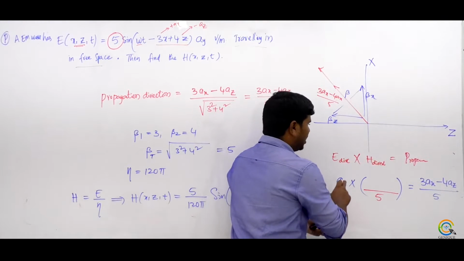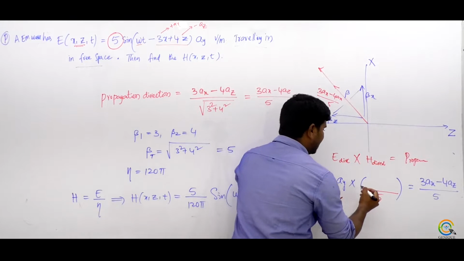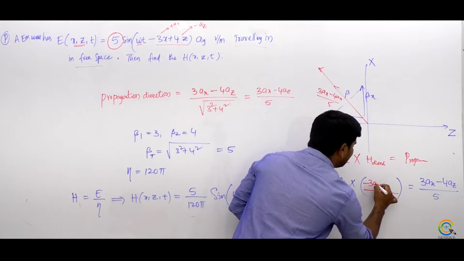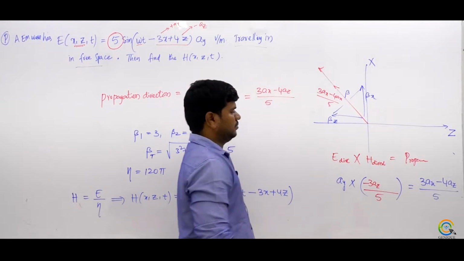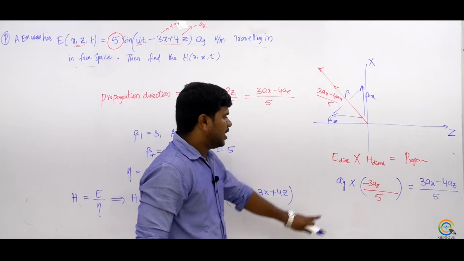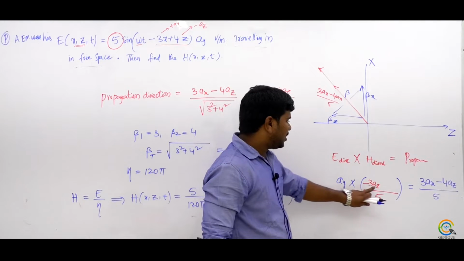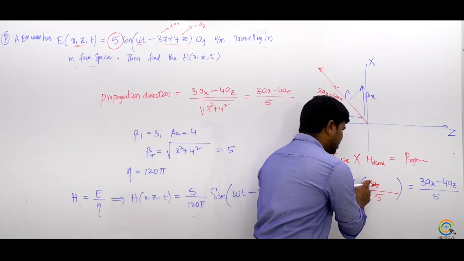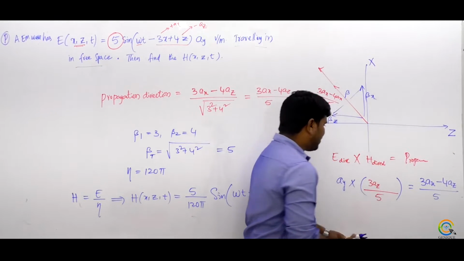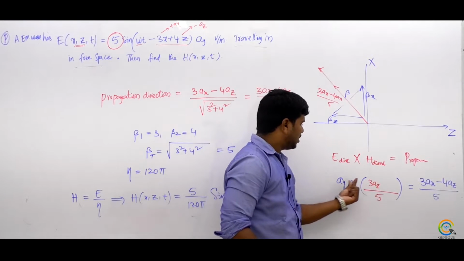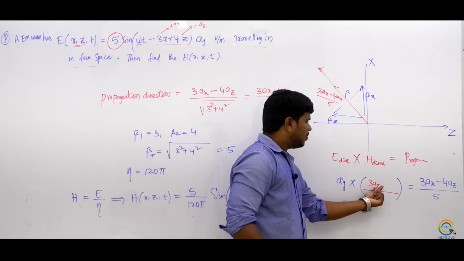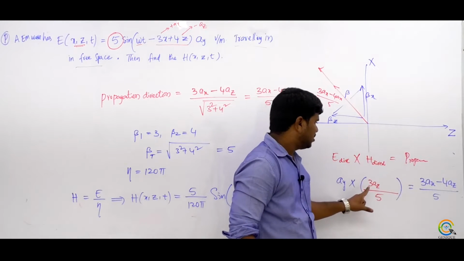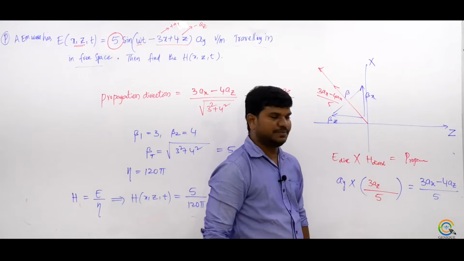It must be ay cross az. Ay cross az is ax. 3 is there, that's why I have written 3.